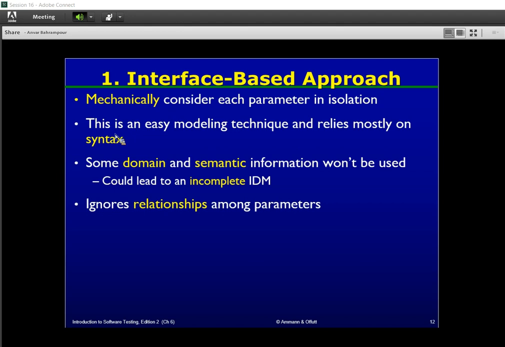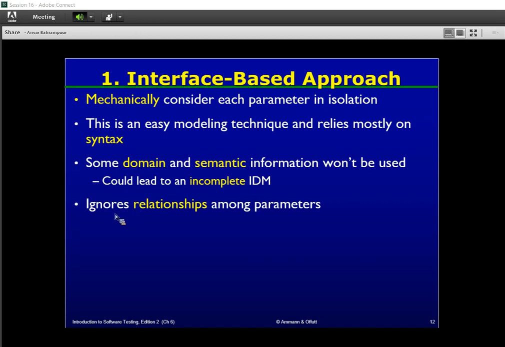But one of the disadvantages of this approach is that it could lead to an incomplete model, incomplete partitioning, because we have not considered the semantics of our parameters.